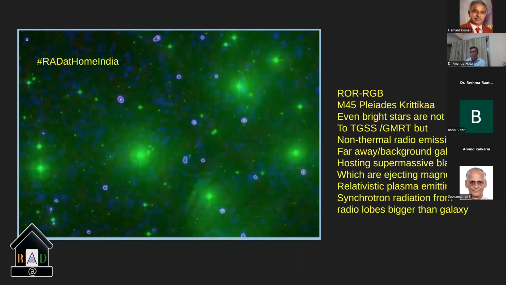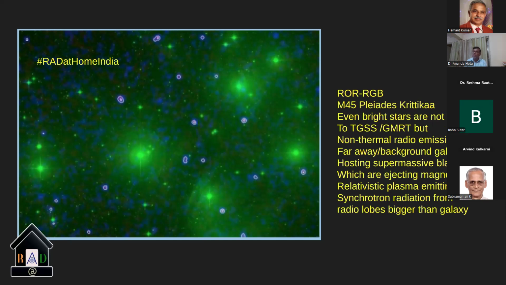This picture, the stars, optical light in green, and the radio light from American VLA and Indian GMRT are shown in red and blue. They're pink spots that you can see. You can notice here, none of the stars are giving radiation in the radio band. The radio band is seeing a completely different thing, not seeing the brightest star that our naked eye can even see.